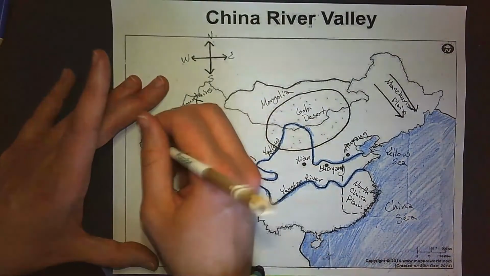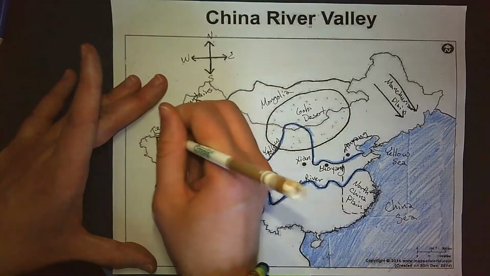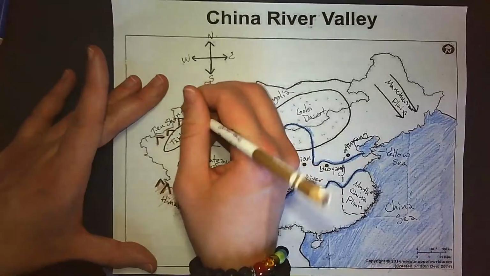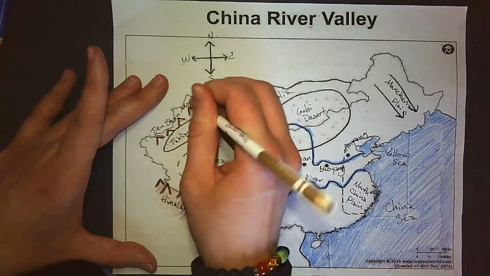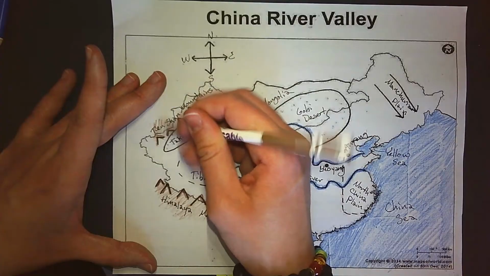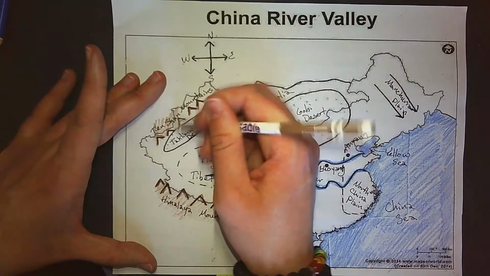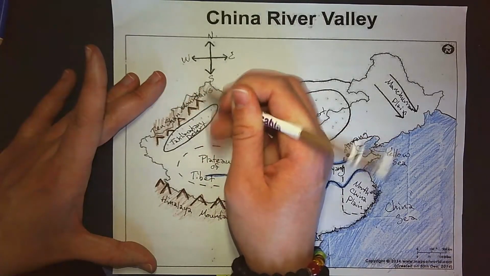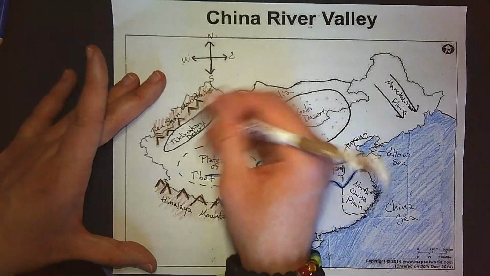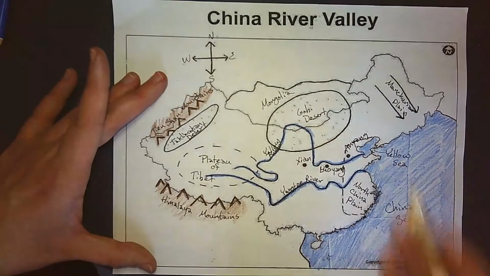We also have the Tian Shan Mountains, so we're going to come over here and color those. We can immediately tell what we're looking at. I'm going to color the name and the triangles that indicate the mountain on here.